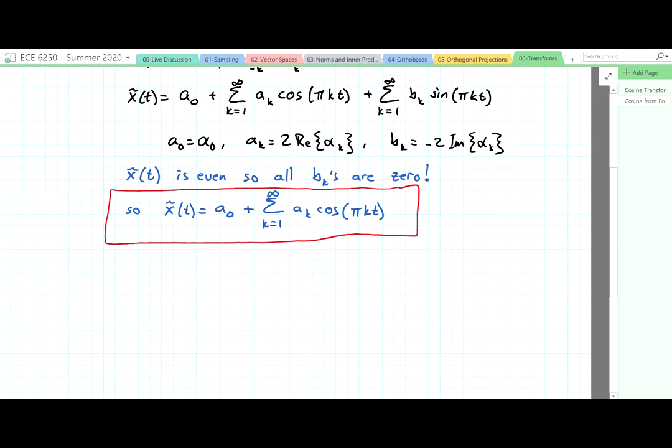All right. Well, where does that put us? So this works for any symmetric x of t, in this case x tilde, on the interval -1, 1.